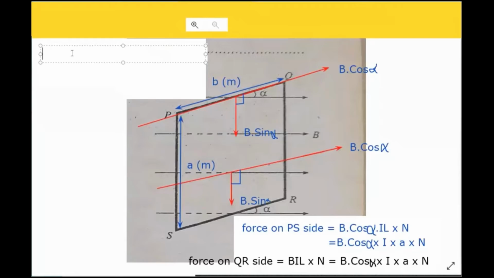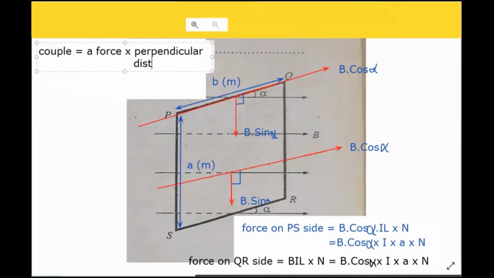What is the definition? Couple equals one force multiplied by the perpendicular distance between the forces.